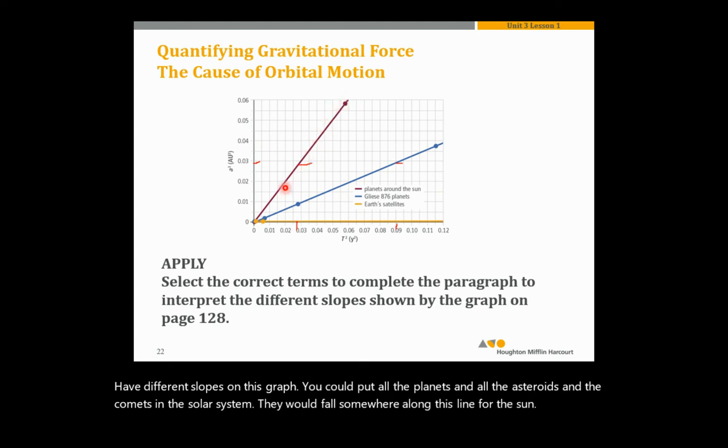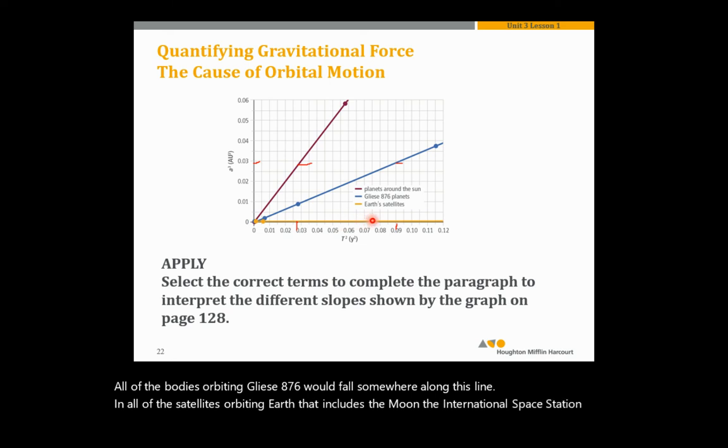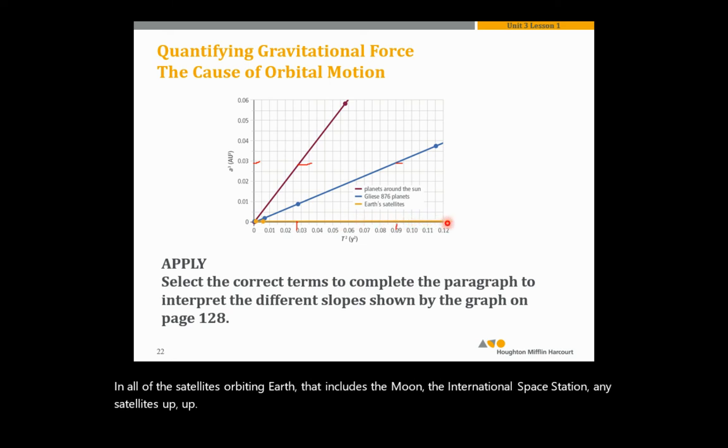All of the bodies orbiting Gliese 876 would fall somewhere along this line. And all of the satellites orbiting Earth, that includes the moon, the International Space Station, any satellites up there, would fall along this yellow line.